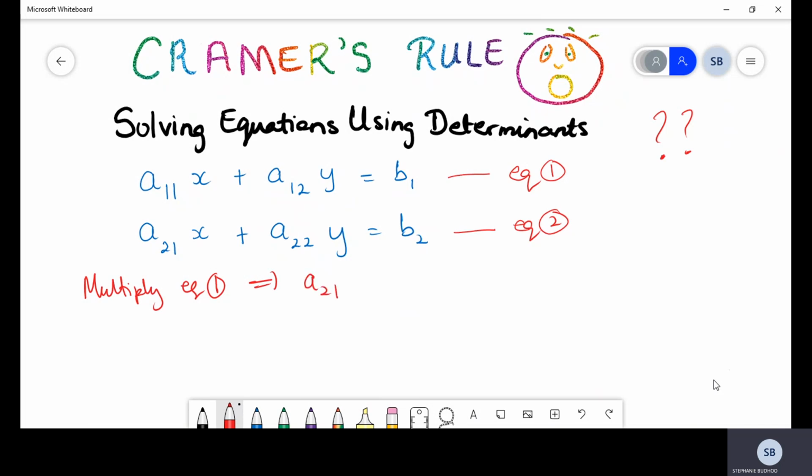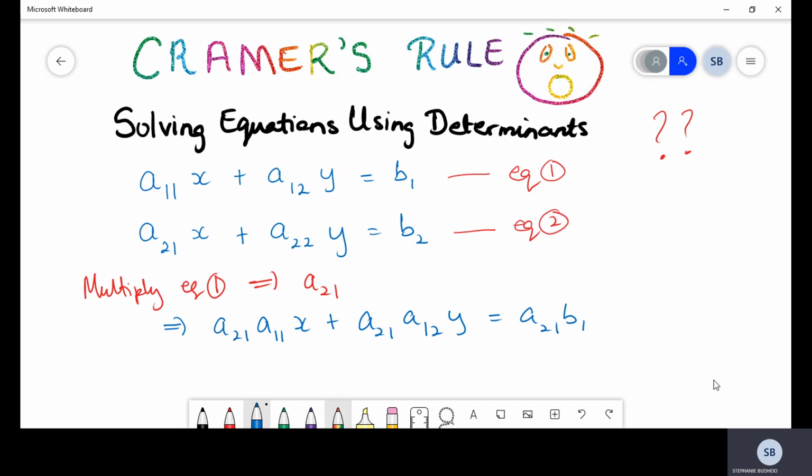So we're going to multiply it by the coefficient of x in the second equation. In doing that, we will get A21 A11 x plus A21 A12 y is equal to A21 B1.